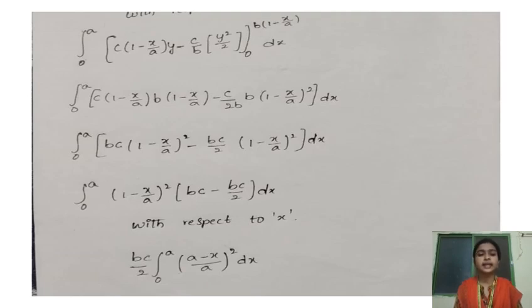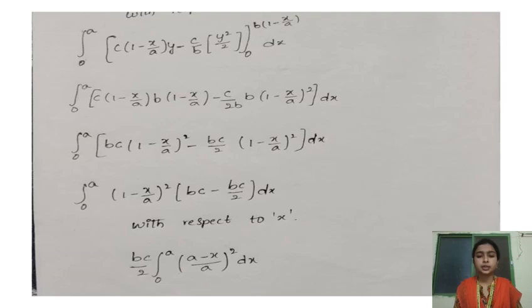Now calculating integration 0 to a of bc into 1 minus x by a whole square minus bc by 2 into 1 minus x by a whole square dx. Now combining, integration 0 to a of 1 minus x by a whole square, bc minus bc by 2, dx.